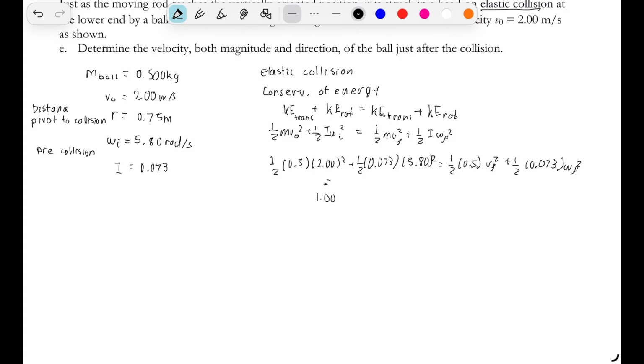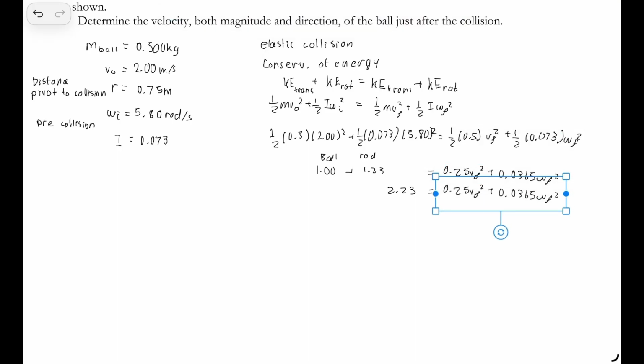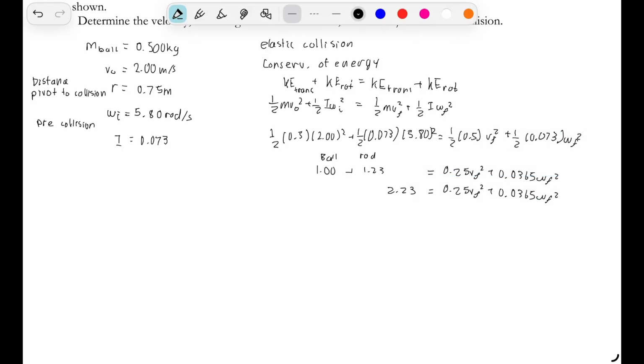On the left side, the ball is 1.00. The rod is 1.23. And then that's going to equal 2.23, which equals 0.25 VF squared plus 0.0365 omega F squared.